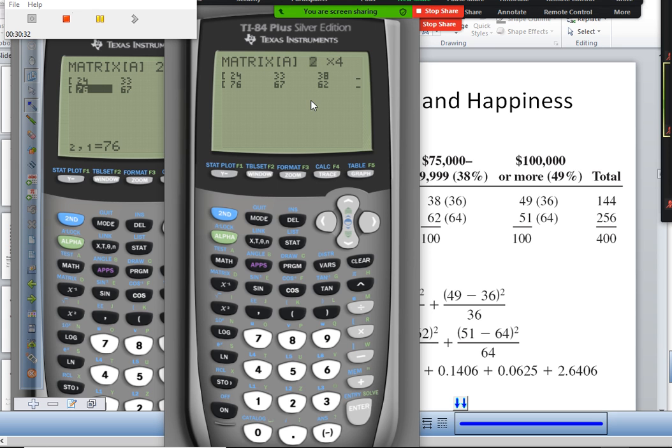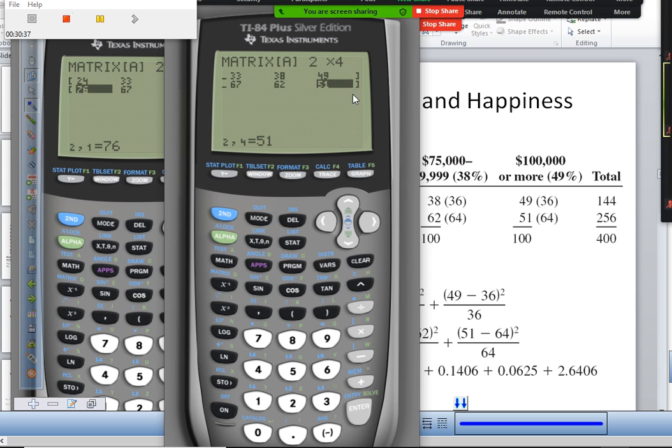And then this is a 2 by 4. If you want a 3 by 3, you just put 3 and 3 here, and it would change it to a 3 by 3. But I want 2 by 4, so 2, and then 4, and then enter all your data in here. All right, so 24, 33, 38, 49, and then when you hit enter, it just drops you to the next one, 26, 67, 62, 51.